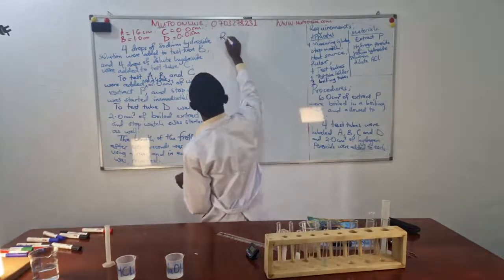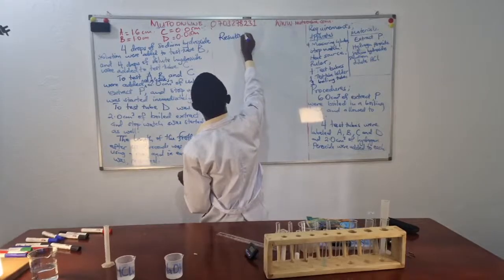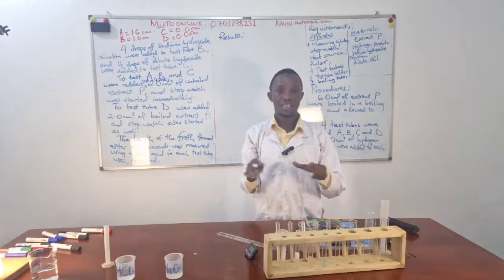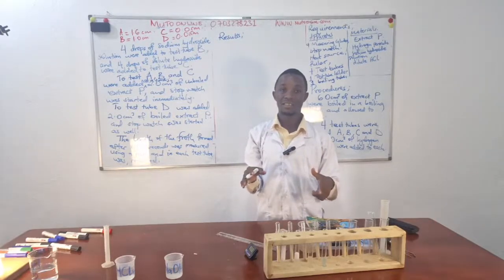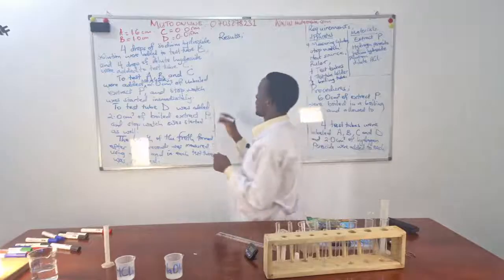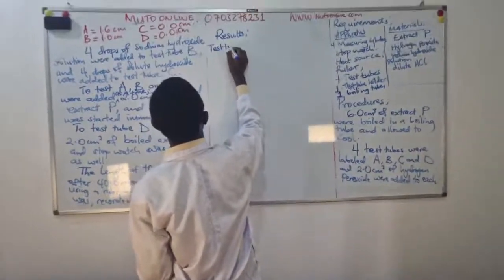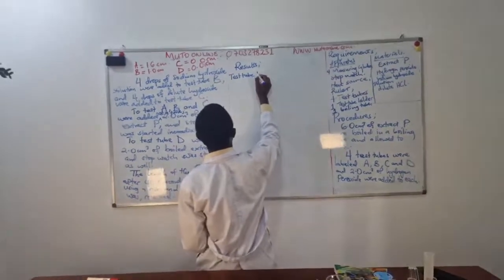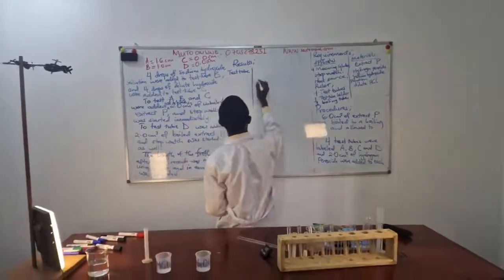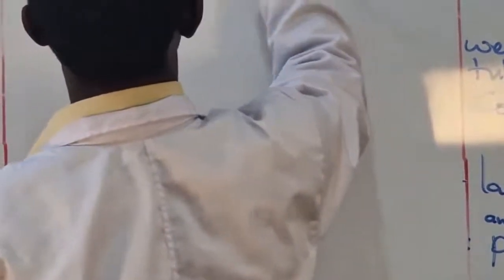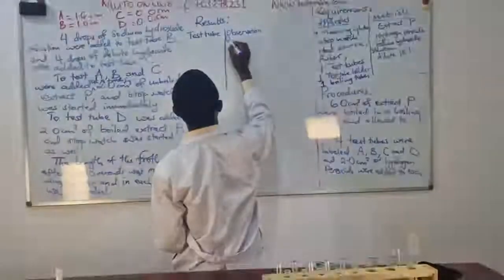So my results. I'll use these results to give the conclusion, so that outside the table will give the analysis. I'll give the table with test tube and observation. My observation is length.